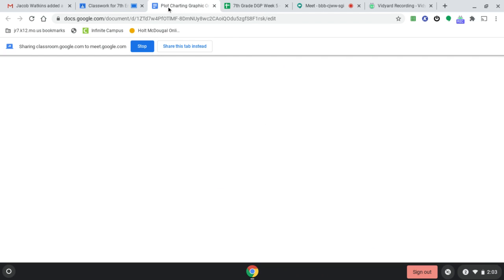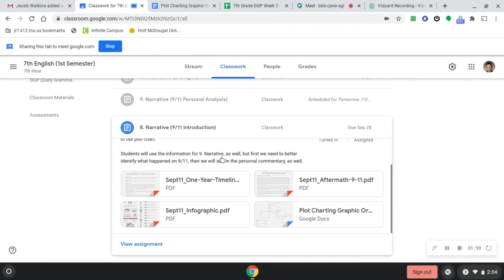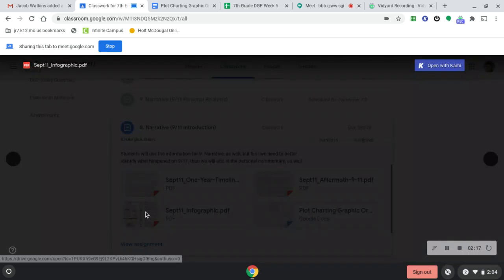Okay. Now, a lot of you have probably heard some of the background to 9/11, but we're going to look at a little bit more in detail. The reason why we're going to look at it a little bit more in detail is because this is how nonfiction narratives get laid out.